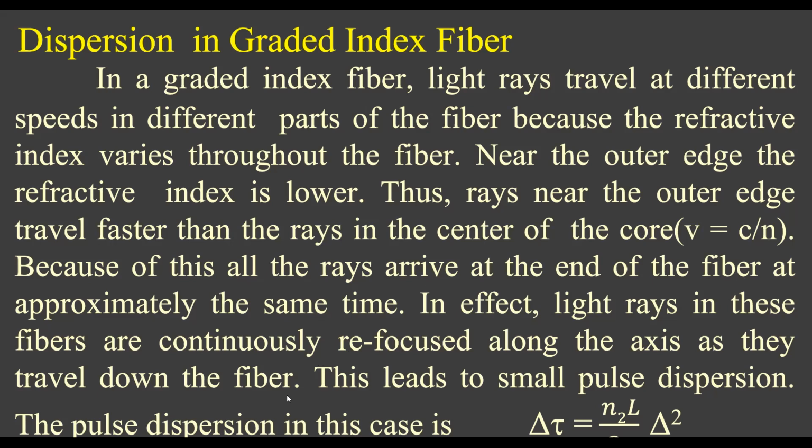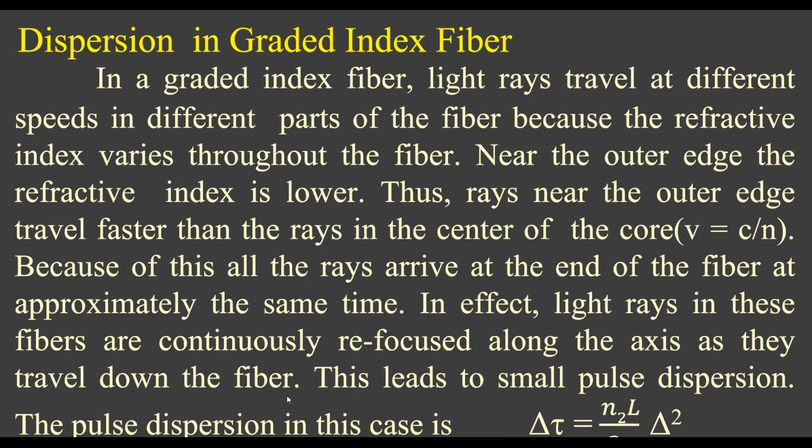This leads to small pulse dispersion because during the refocusing effect, the convergence of all the rays at one point doesn't take place. So the pulse is dispersed, meaning it becomes broadened.